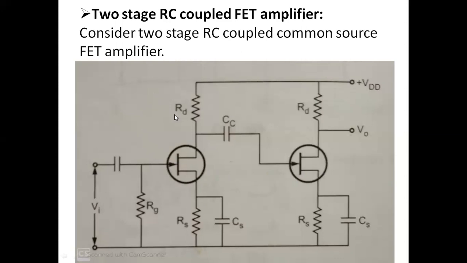Here we are using resistors and capacitors in order to connect the two stages. That means the output of the first stage is given as input to the second stage by the use of these two components. Here we have a coupling capacitor, and here also we have a coupling capacitor.